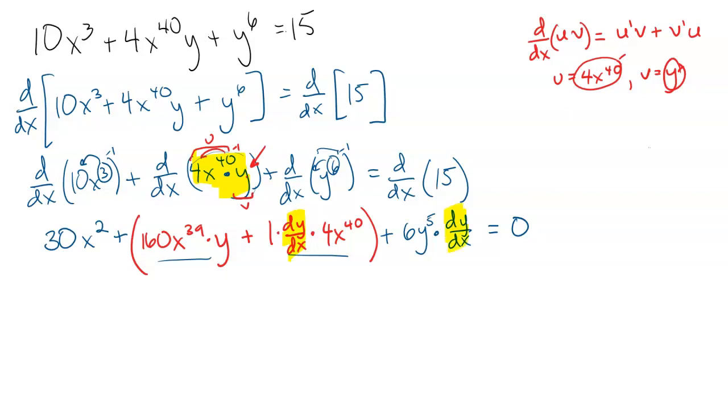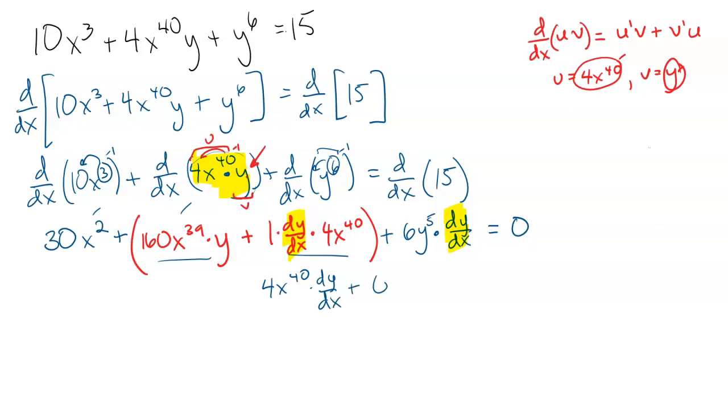So what I might try to do is anything that doesn't have a dy dx, I might just move to the other side. So I notice this term and this term don't have it, so I can subtract those. And here, if I just take 1 times the 4x to the 40th, we still end up with 4x to the 40th. And we have times the dy dx there.